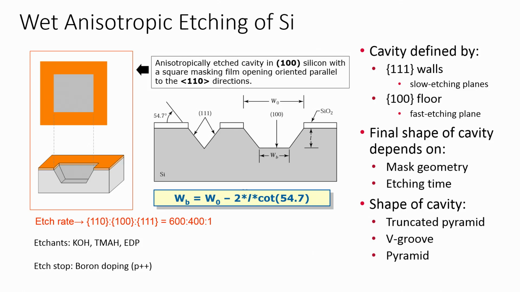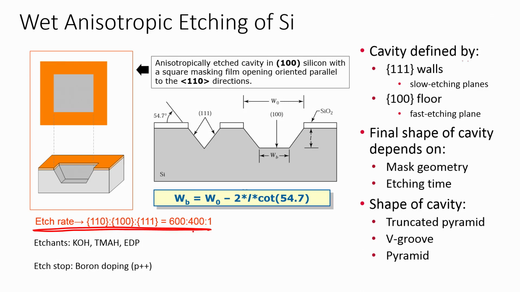When we want to etch, the etch rate is defined in this fashion, where 110 is to 100 is to 111. As you can see, 111 will not get etched compared to 100 and 110.